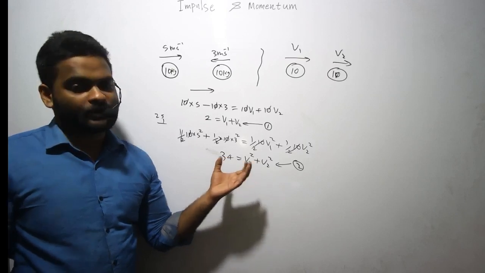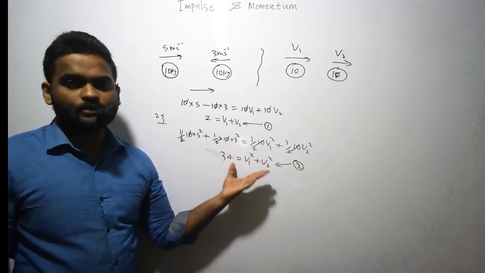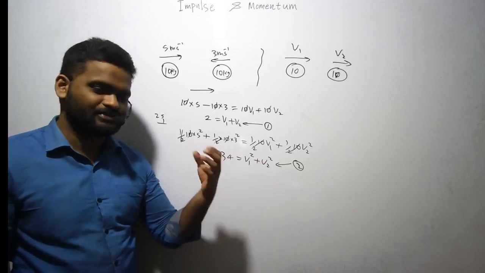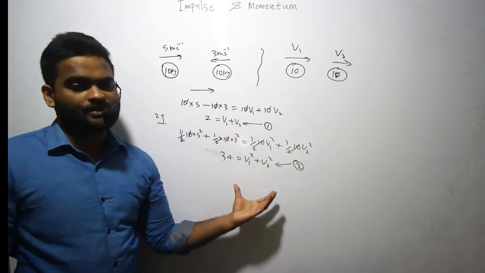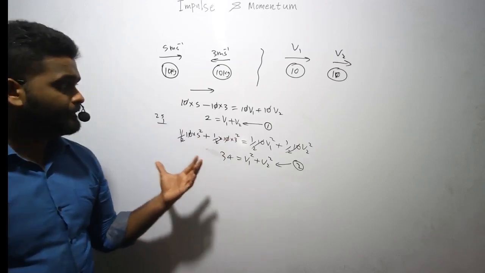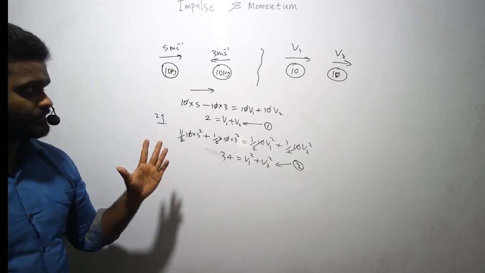You know that for MCQs, you don't have enough time to do those things. For MCQs, there will probably be another method to approach the question. Actually, the method is like this.